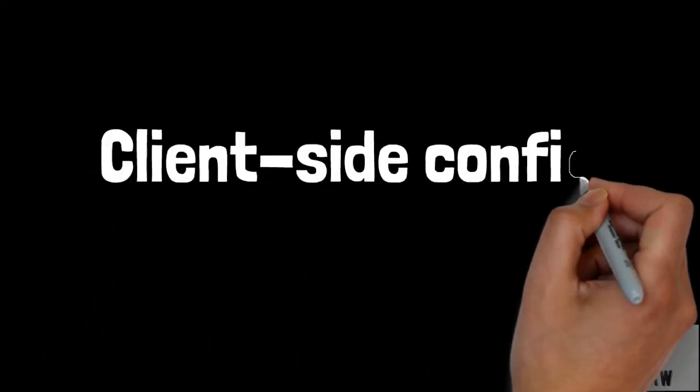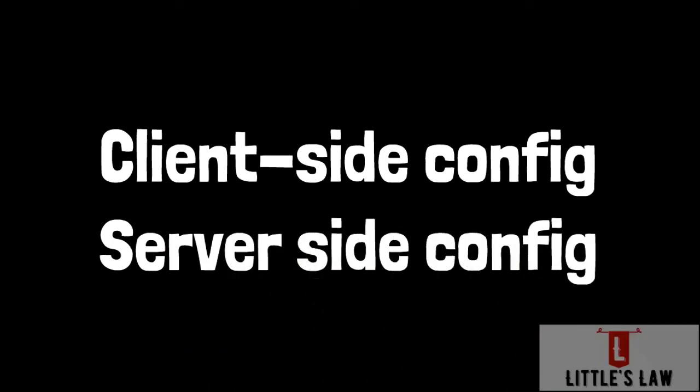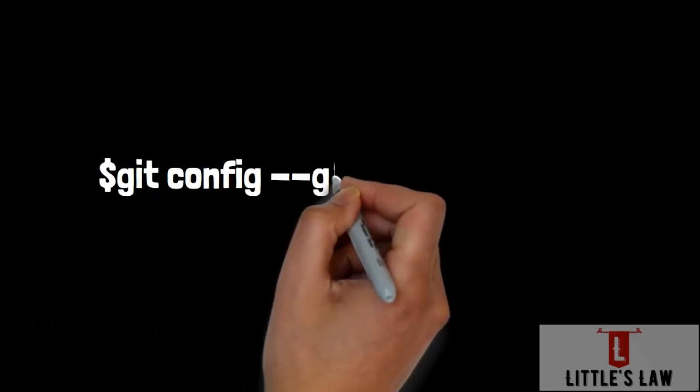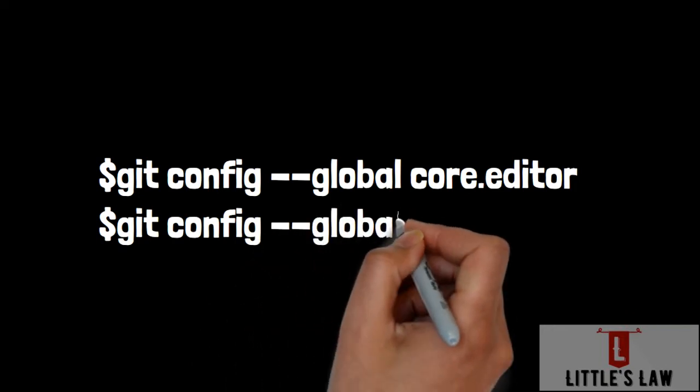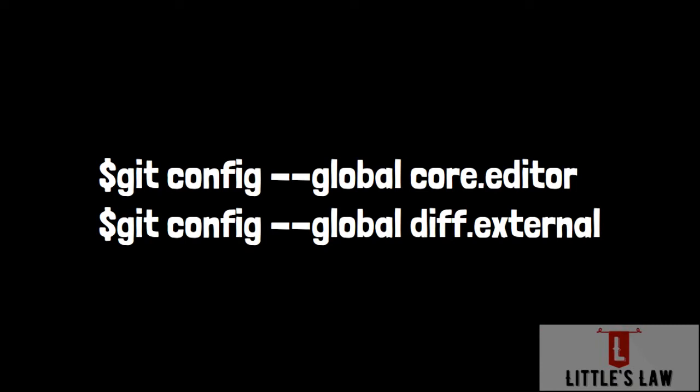The configuration options recognized by Git fall into two basic categories. One is the client side and the other one is the server side. By default, Git uses whatever we have set as the default text editor via one of the shell environment variables, that is either through the VISUAL or the EDITOR.